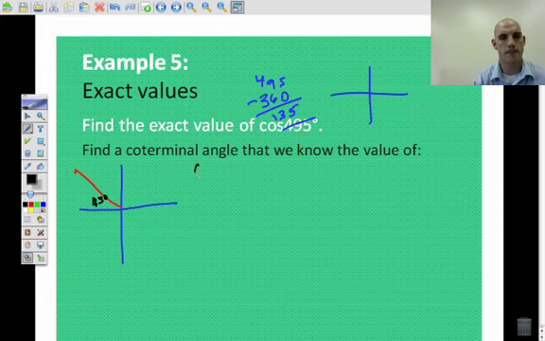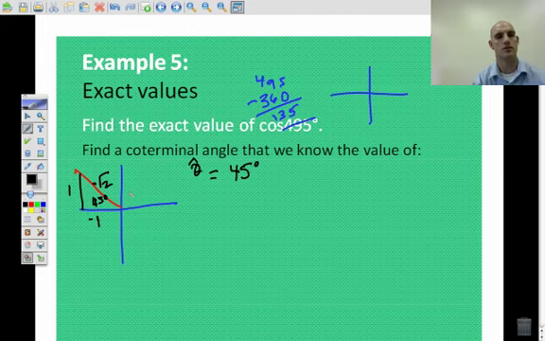So I know my theta hat is 45 degrees. All right. So now we're just finding cosine of 45. If you want to, you could just draw a triangle here, which I am going to do as well. And I know if this is 1, and this is 1, this is going to be square root 2.